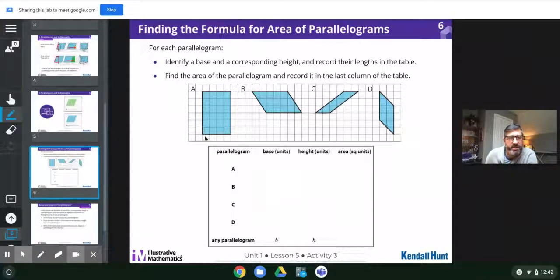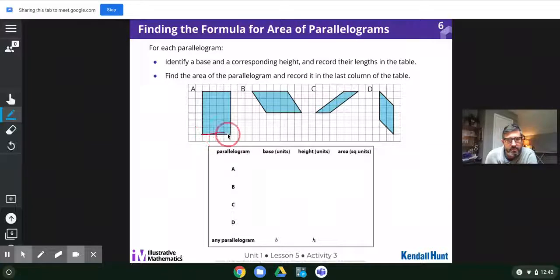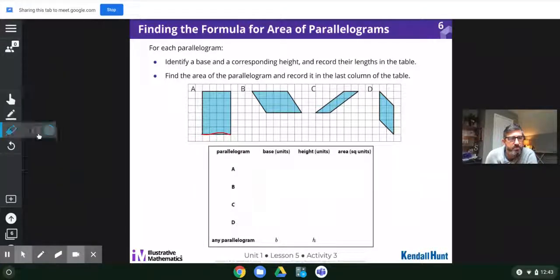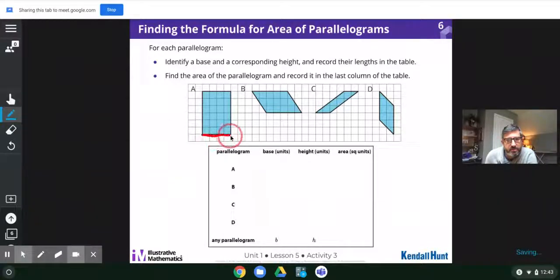So let's look at A. So let's choose this bottom segment as our base. Since this is already a rectangle, we don't have to cut anything out, but we can still find the height.